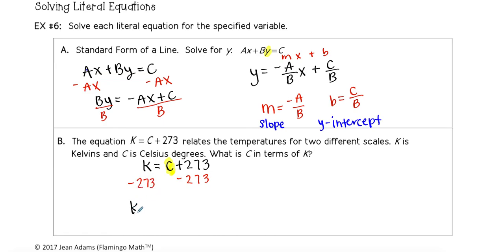So I get K minus 273 equals C. So this is C in terms of K. Of course, I don't like the way that's written, so let's rewrite this: C equals K minus 273. It's not too scary, hopefully.